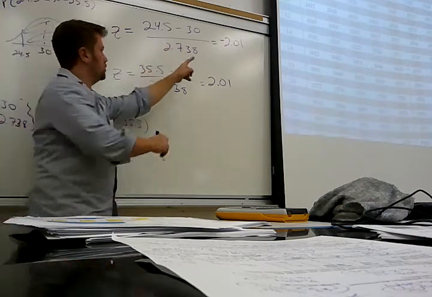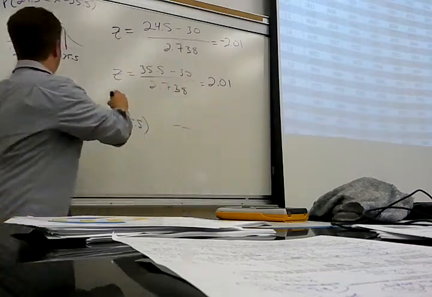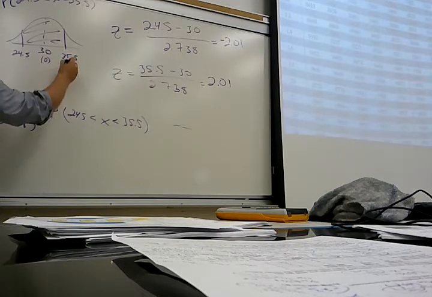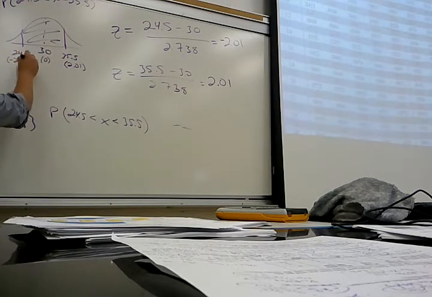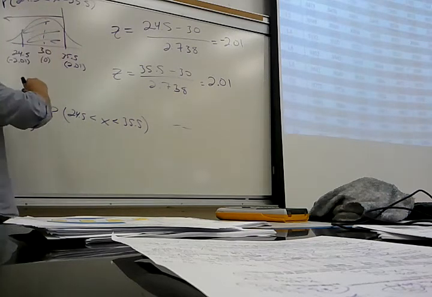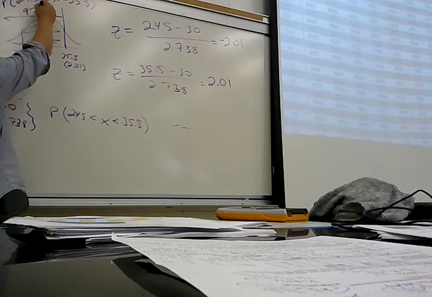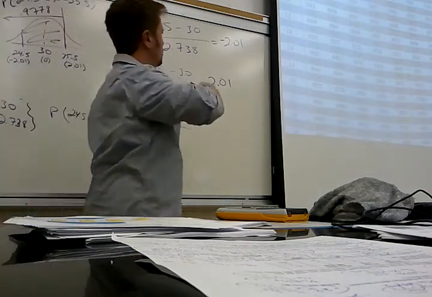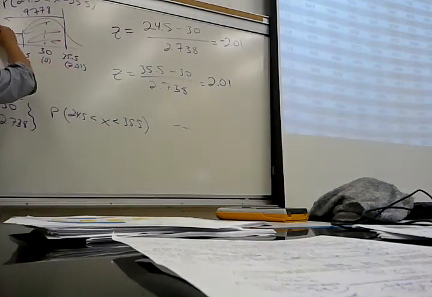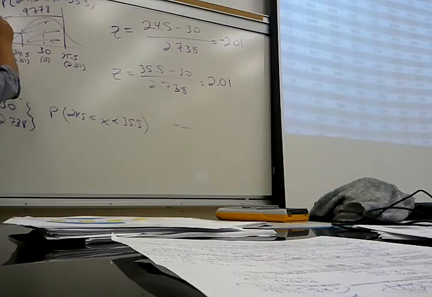So of course, now when I look these up in the chart, you already have the picture. So over here I can go back, I'll put this is 0. This z-score was 2.01, and this z-score was negative 2.01. So you can just put your z-scores in parentheses. So what do you get when you look up 2.01? 0.9778. And then negative 2.01, 0.0222.